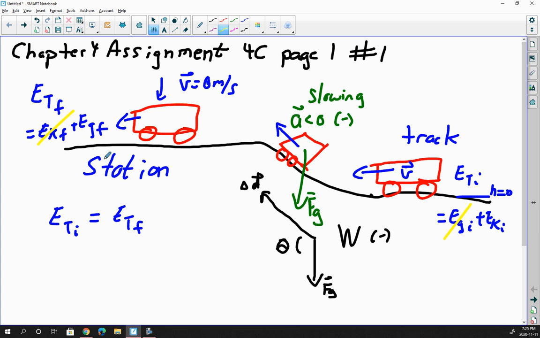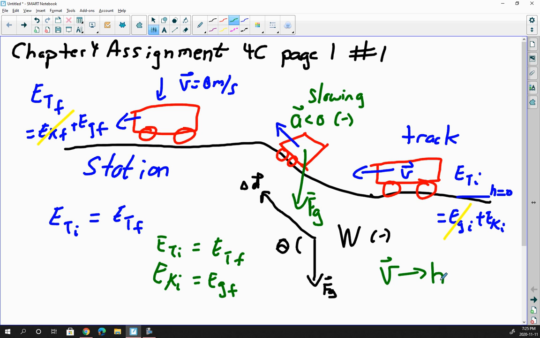So really what you're saying is that all of that initial kinetic energy, which was in the initial total, right? This is law of conservation of energy. All of that initial kinetic energy has turned into gravitational potential energy final. So what you've actually done is you converted velocity or speed into height. As it goes up to a higher height, it slows down and eventually comes to a stop.